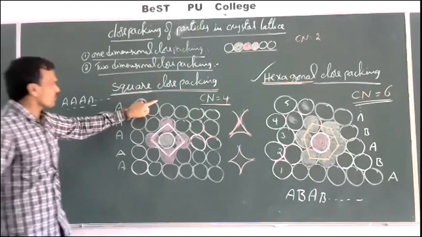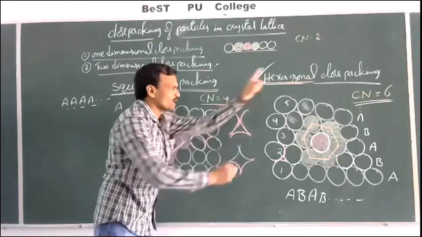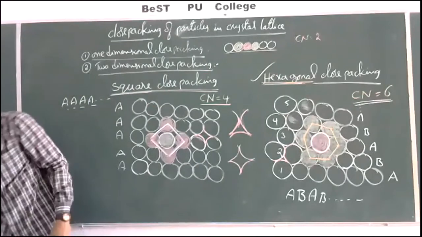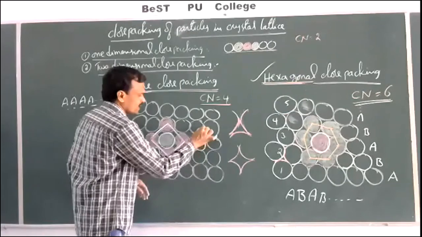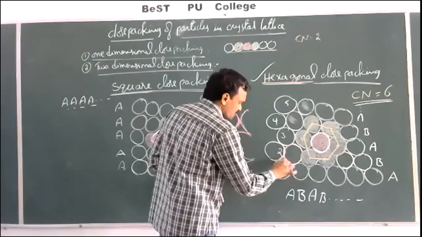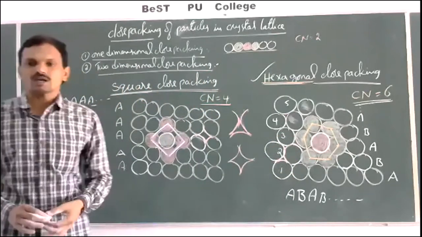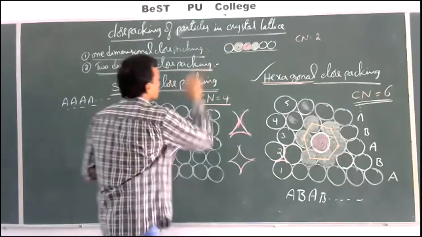Here coordination number 4, here coordination number 6. Now among these two, hexagonal close packing is more efficient than square close packing, because in square close packing the void space is more, whereas in hexagonal close packing the void space is less. So this is regarding square close packing and hexagonal close packing, which come under two-dimensional close packing.